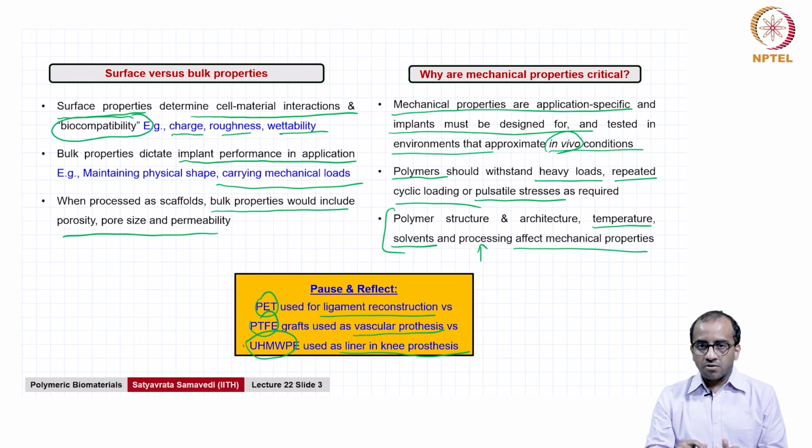Of course, you can talk about surface properties of PTFE that make it suitable for vascular prosthesis, but what I want you to think about at this juncture is to think about the bulk and bulk properties. So, this is a good point to reflect upon and see if you can connect the structure property that leads to bulk properties for these polymers, resulting in their use for these specific applications.